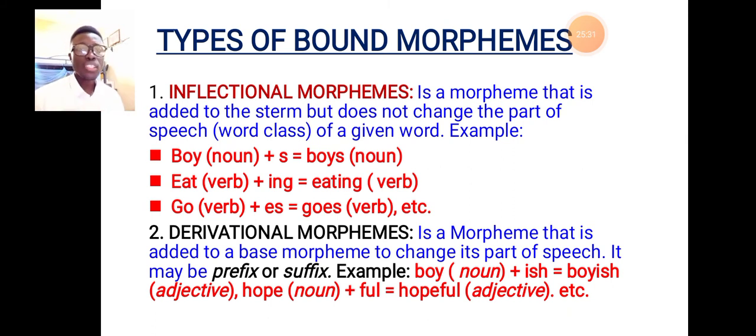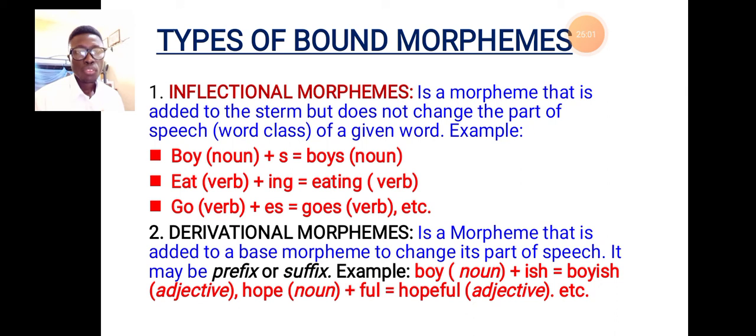Now, what is also meant by derivational morpheme? A derivational morpheme is a morpheme that is added to the base morpheme to change its part of speech. It's the opposite of an inflectional morpheme. It may be a prefix or a suffix. Now, a prefix is added before the word.